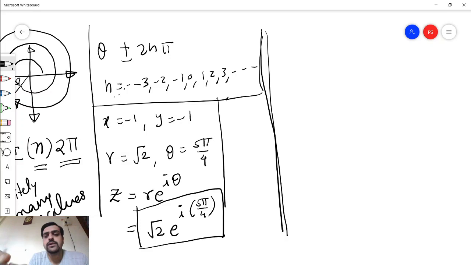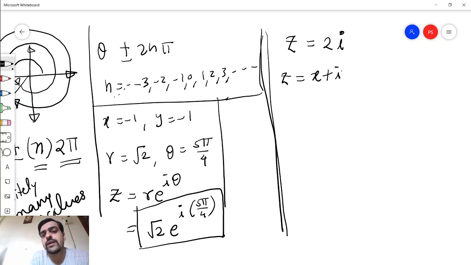make it clear. Suppose z equals 2i. Now clearly, if we compare this with x plus iy formula or expression, in this case z equals 0 plus 2i.